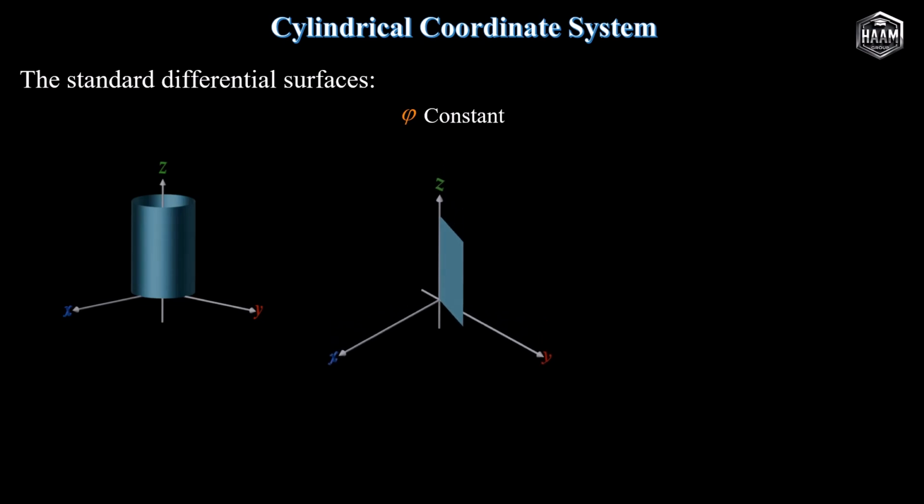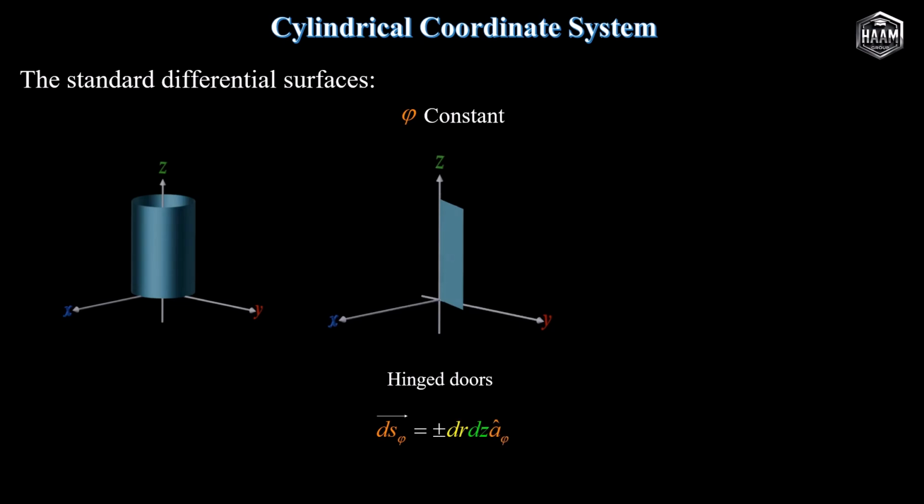If we look at the points of this door from above, we see a line where every point has the same angle relative to the x-axis. The surface normal is along the positive or negative a hat sub phi direction. Therefore, this constant phi surface, hinged as it were along the z-axis, has a differential surface element of plus or minus dr dz times a hat sub phi.